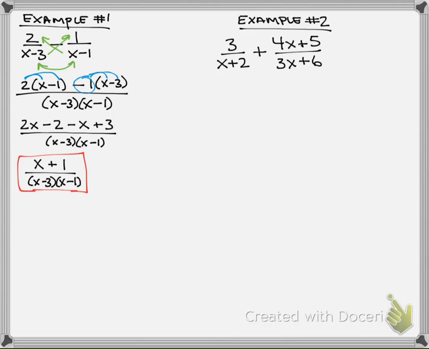So, in factoring it, we'll end up getting 3 over x plus 2 plus 4x plus 5 over 3 times x plus 2. Now we see that both denominators have an x plus 2 in common.